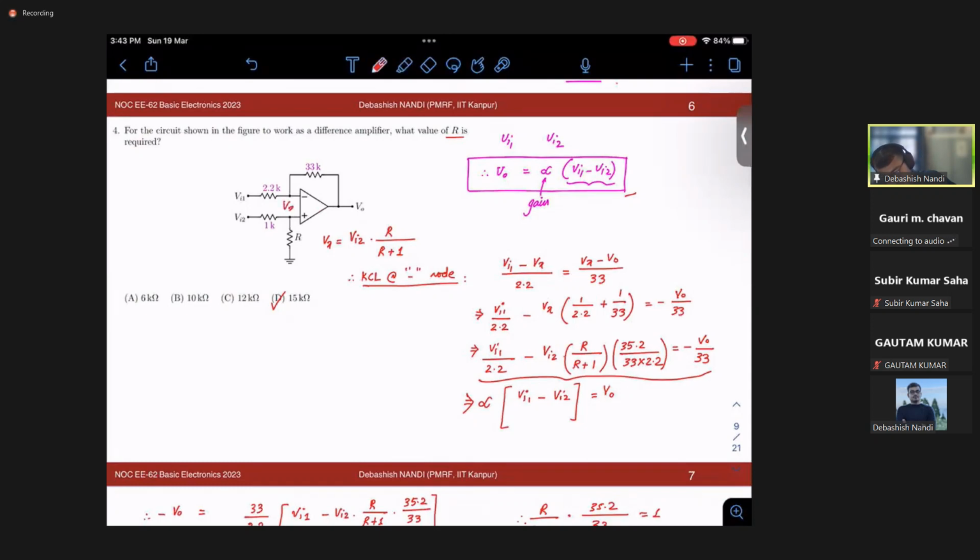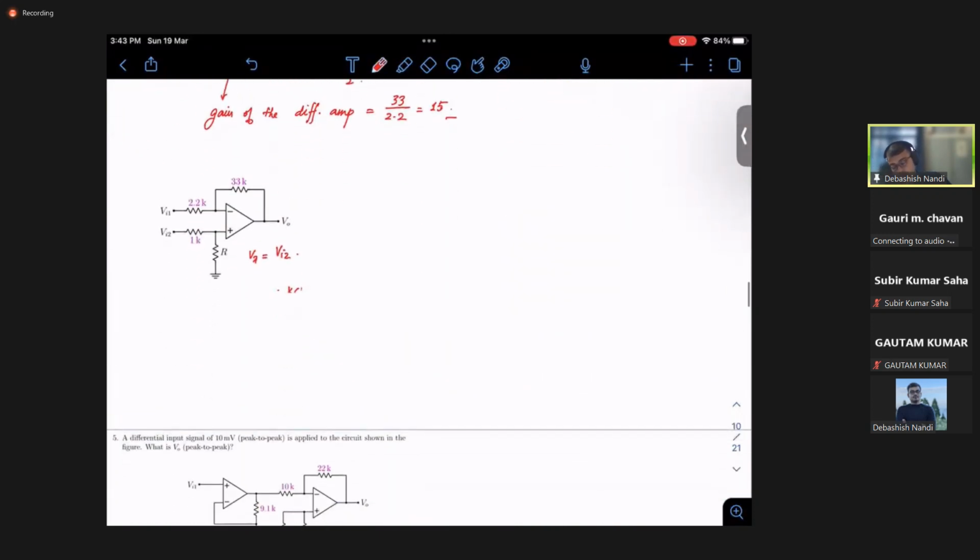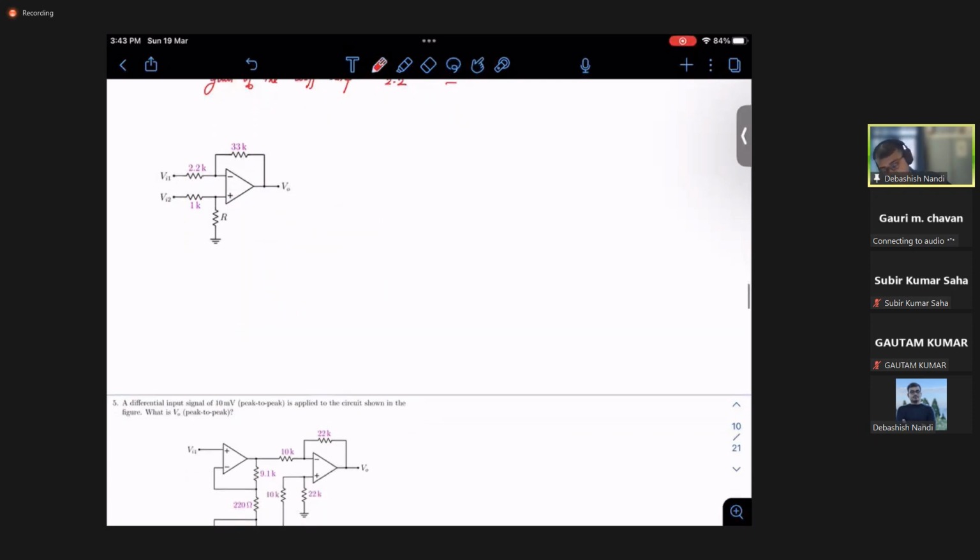Okay. Another way to solve this problem is you see the ratio of the resistances, right? One thing you are sure of is that this path will be determining the gain of the amplifier, right? So say this is R2 and this is R1, let me call it method 2.